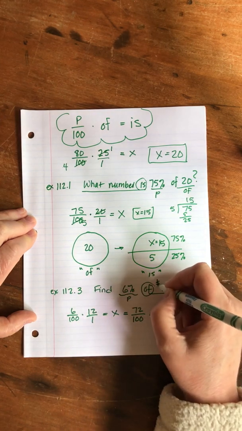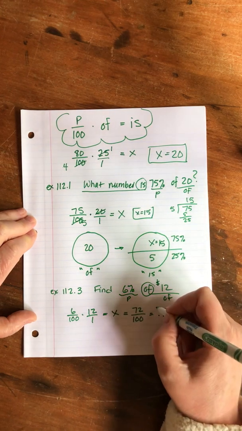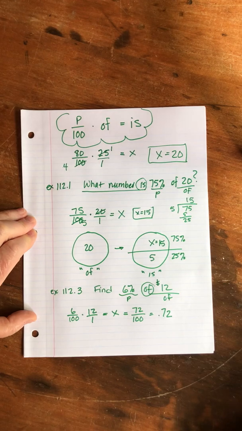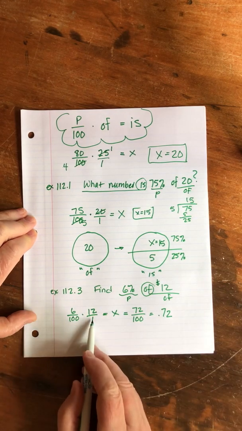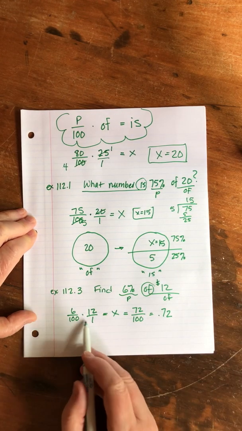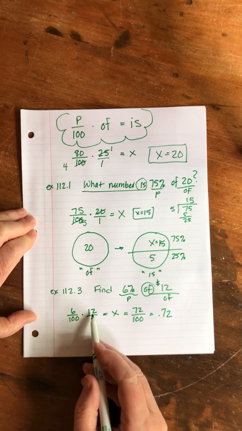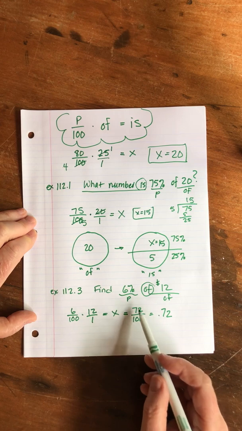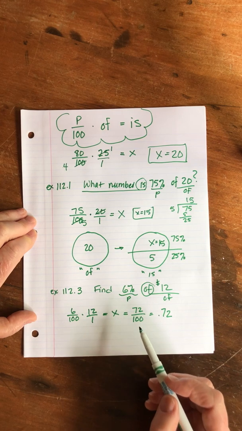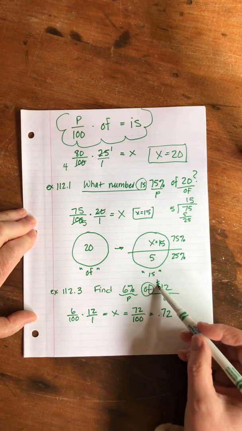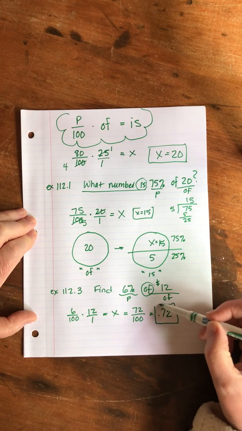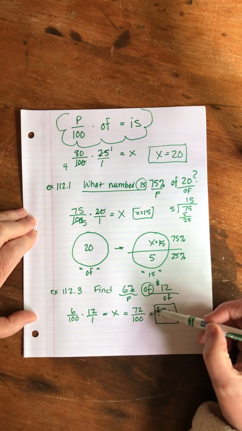John tells us that this is money, so that's a hint to us that we want our answer in decimal form. So when I saw the 100 on the bottom, I thought, oh, that's going to be really easy to write in decimal format if I just leave it as is and don't cancel anything. If you canceled this and came up with a fraction, that wouldn't be wrong, but because we see that it's money here, that's a big hint to us that we want our answer to be in a decimal format.